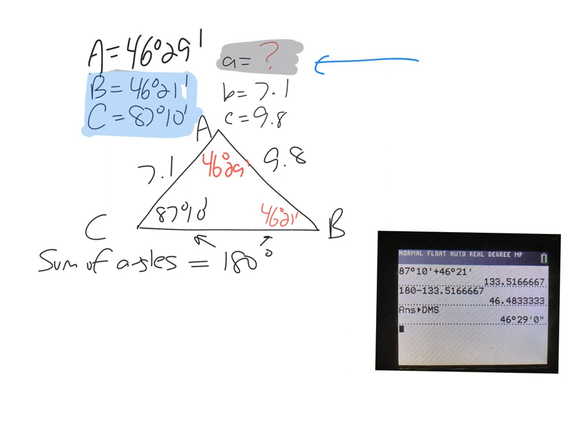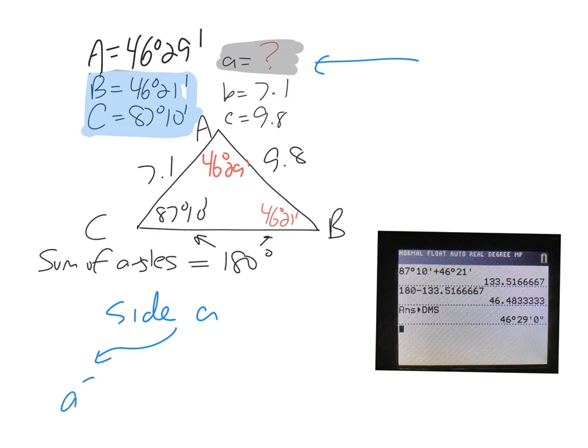And usually when you start these questions off, there's a particular rule you have to use based on what's given. But now that I have 5 of these 6 parts solved for, you do have a lot of flexibility in terms of which rule you use to solve for the remaining parts. I'm not going to use SOHCAHTOA because there's no 90-degree angle, but let's say I wanted to find side A, and let's say I wanted to use the law of cosines.